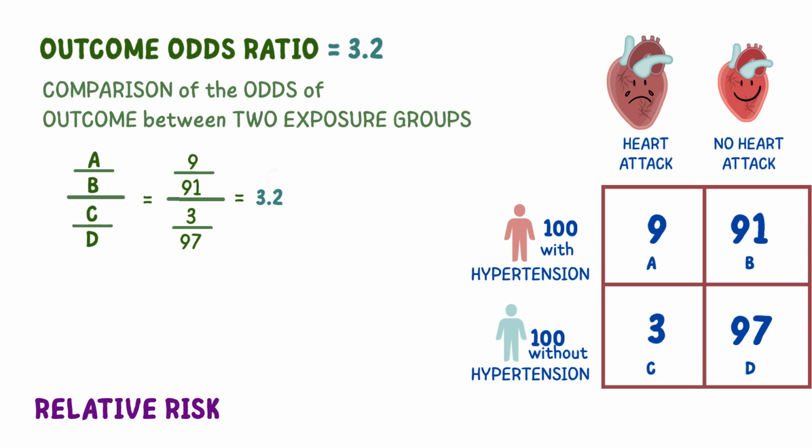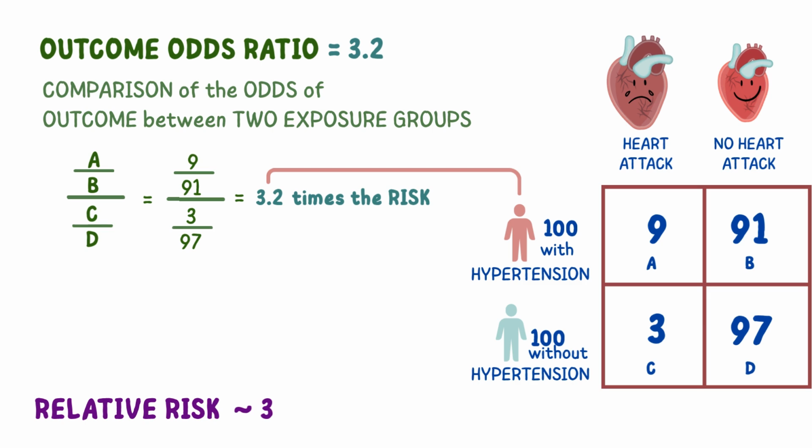This means that people who have hypertension have 3.2 times the odds of having a heart attack in 1 year compared to people without hypertension. Since the outcome is rare enough, the outcome odds ratio ends up being similar to the relative risk, 3.